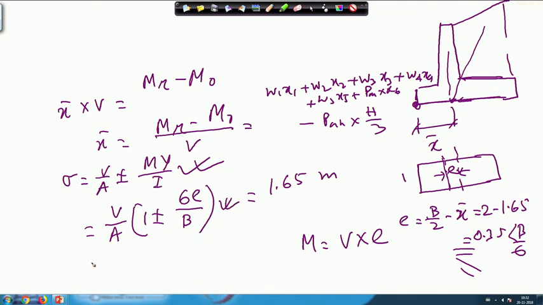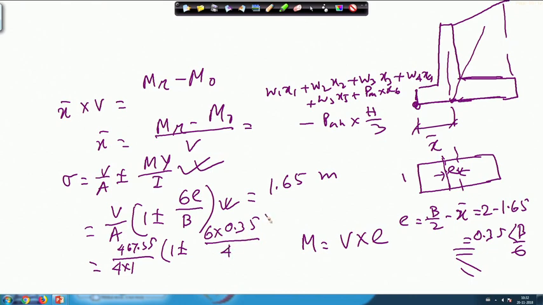Now, the value of V I already know, I have shown V was 467.55, and the area is 4 meter by 1 meter. So this is 1 plus minus 6 multiplied by E, which is here 0.35, divided by B, which is here 4 meter.